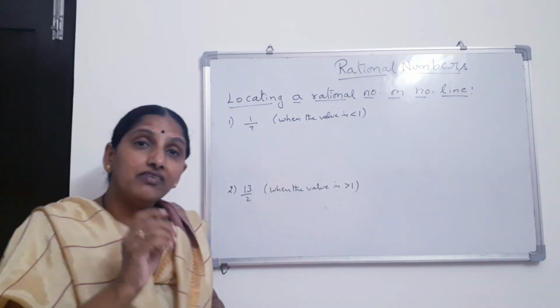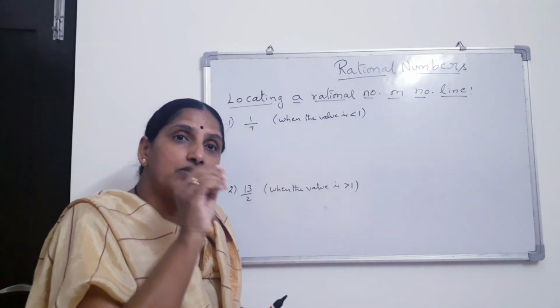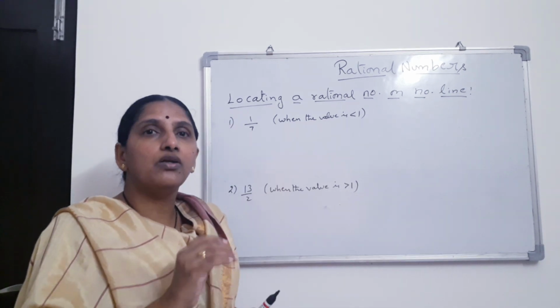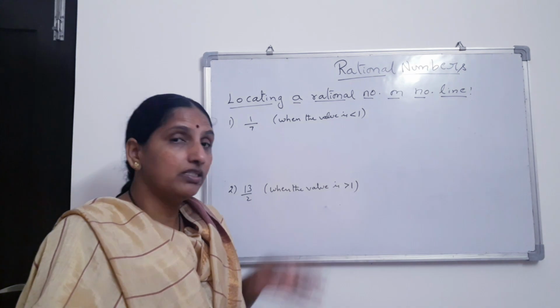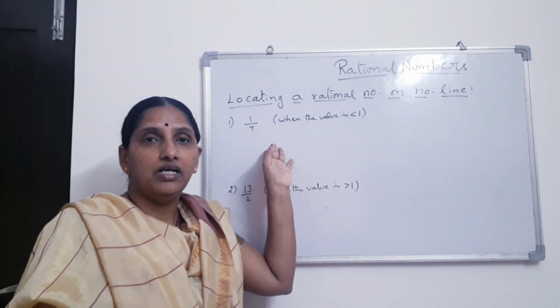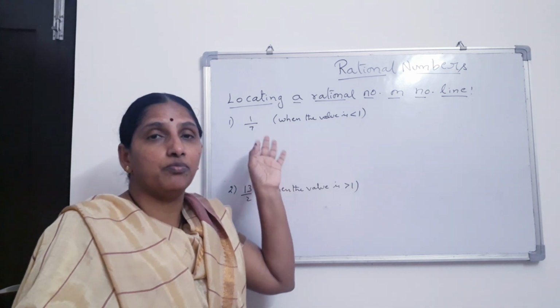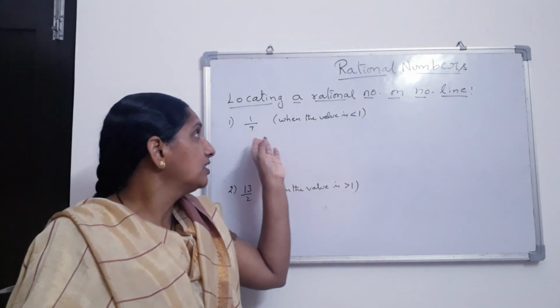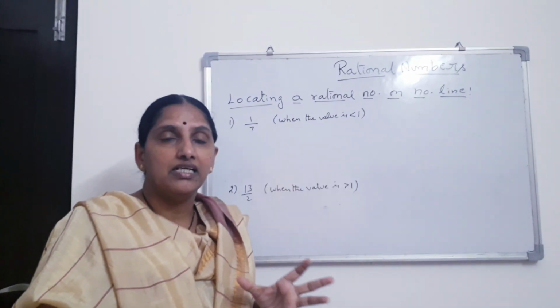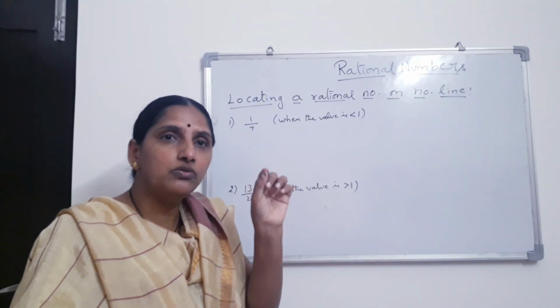Is it necessary for us always to convert this into the decimal equivalent value or not? Sometimes you can convert it into the decimal equivalent value and then do it, or the most appropriate way is to just keep this as it is and then see the magic.